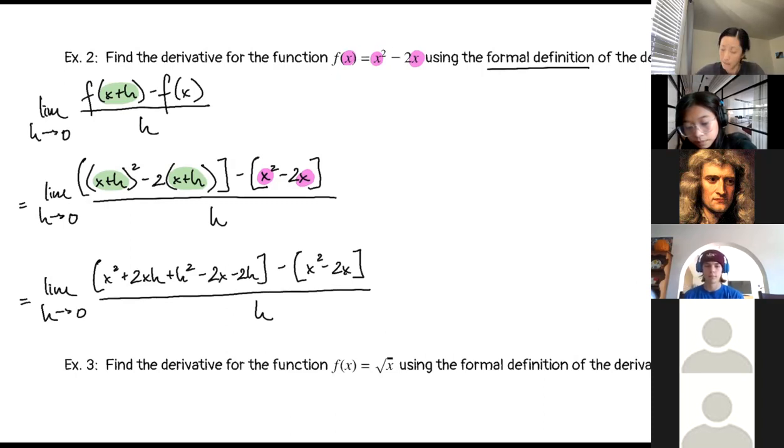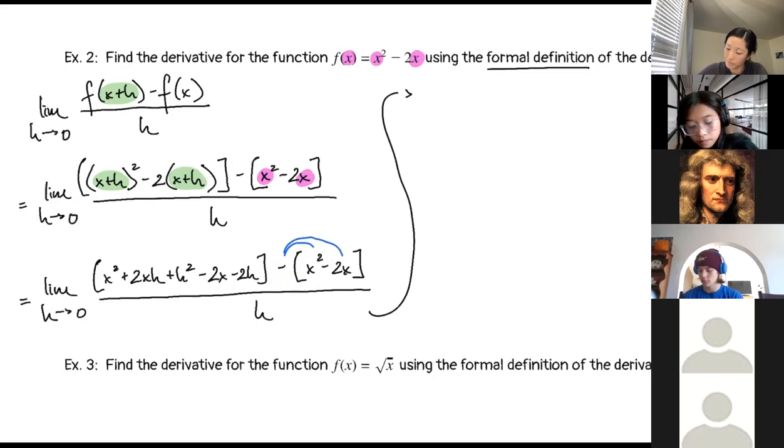Okay. Now, this next part I'm showing separately because it is the number one place people make a mistake. Okay, you do not have to do this separately, but the number one mistake is this minus sign in the middle here. Folks forget to distribute it. And so we want to make sure that this becomes minus x squared plus 2x.